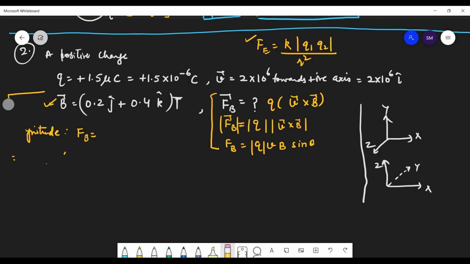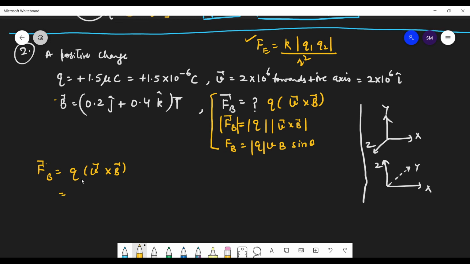Otherwise you need to find the magnitude, under the root 0.2 and 0.4. Not advisable. So directly use the formula here because ijk is given to you.